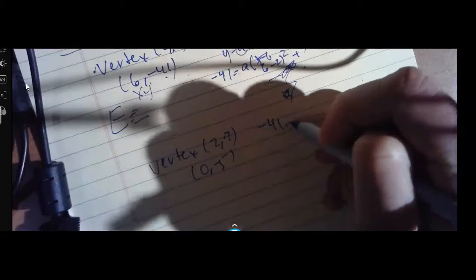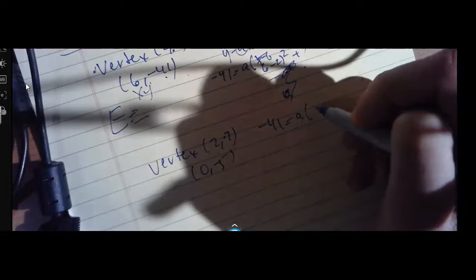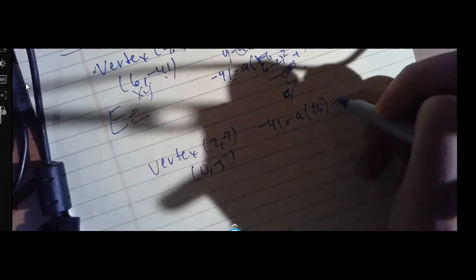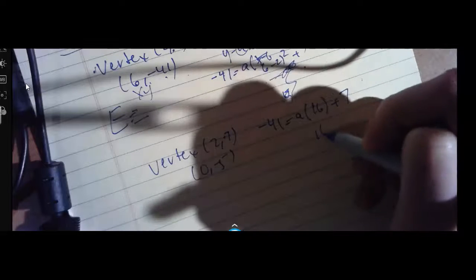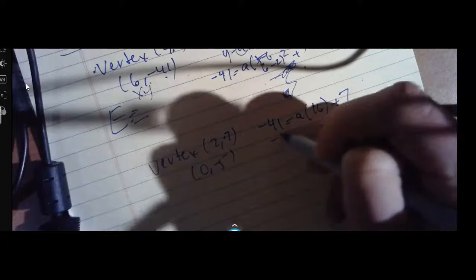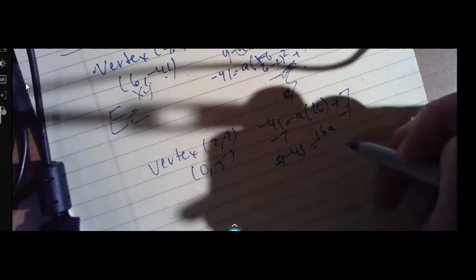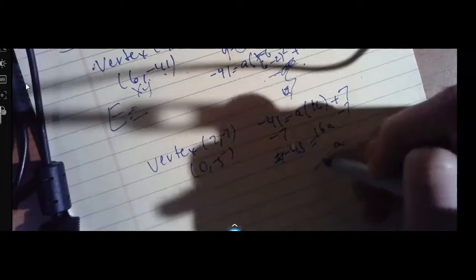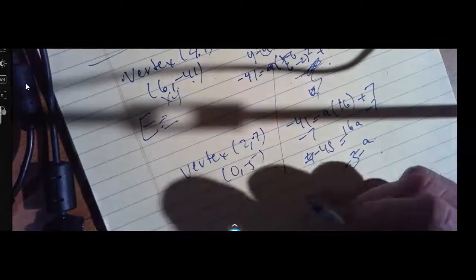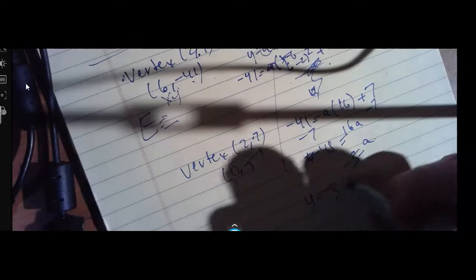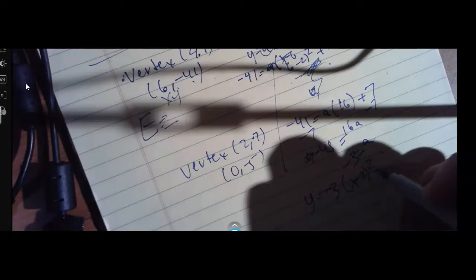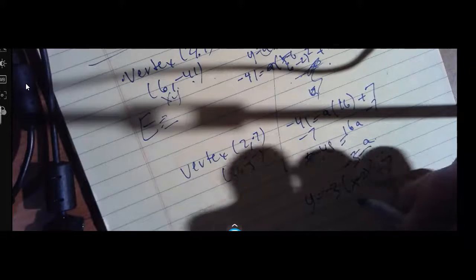So negative 41 is equal to a times 4 squared, so it's 16a plus 7. You're going to subtract 7 from both sides and get negative 48 is equal to 16a. So a equals negative 3. We go back into the equation and make it negative 3, so y equals negative 3 times (x minus 2) squared plus 7. Just replace that value that we just found.